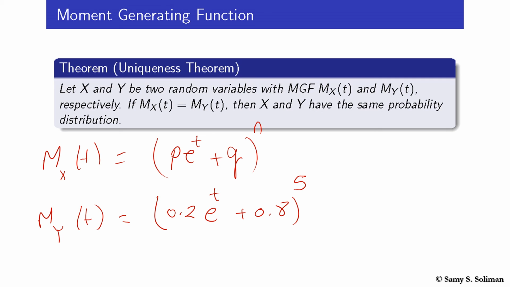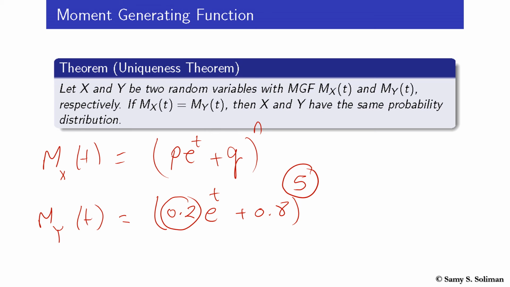This expression is the moment generating function of a binomial random variable. So since you are given this moment generating function, you can tell with confidence that the random variable Y is binomially distributed with parameters n equals 5 and p equals 0.2. Of course, q is equal to 1 minus p, which is 0.8 here.